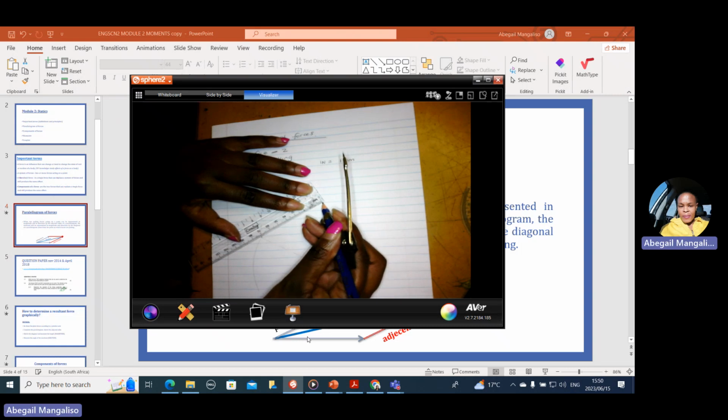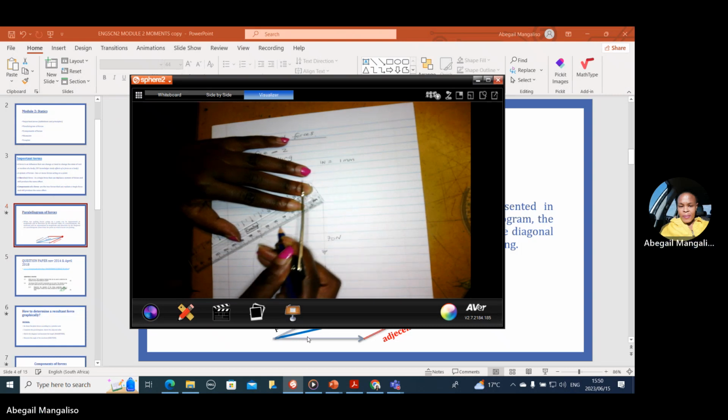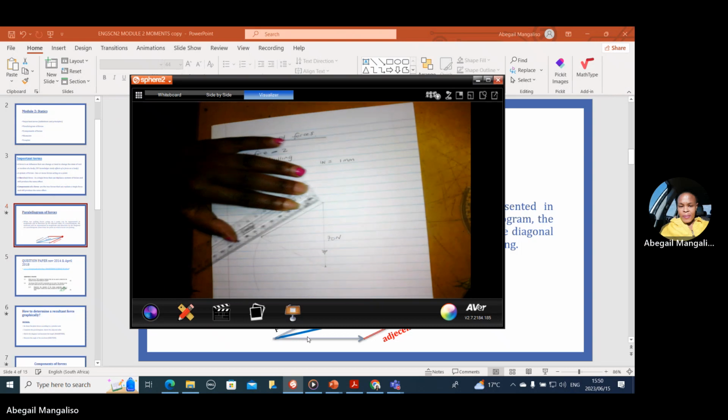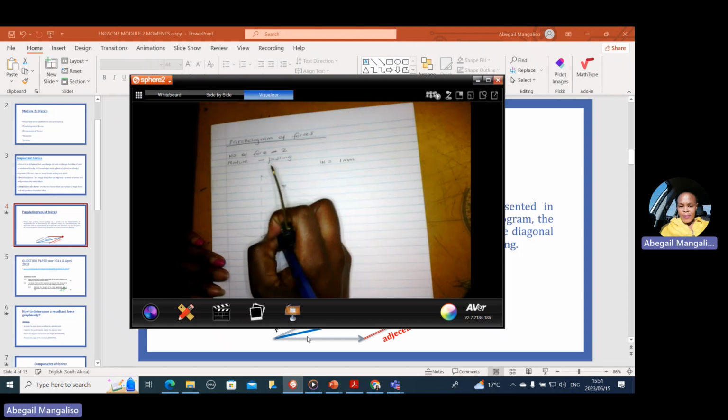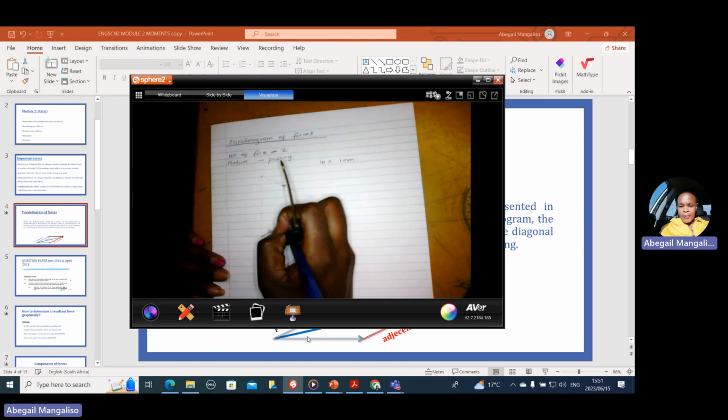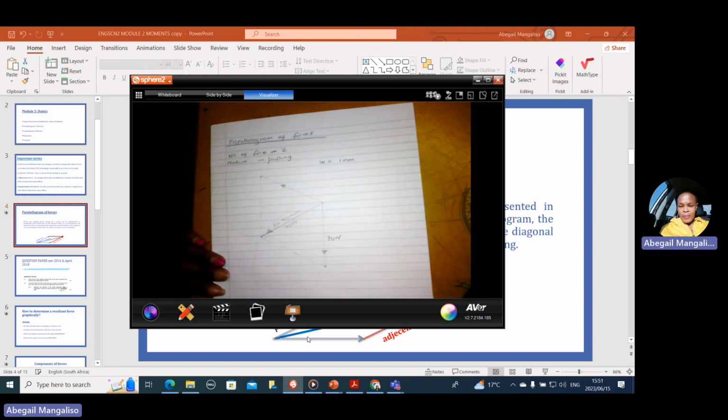Then I'll sketch a diagonal. The direction of the resultant is this way. So the resultant, this diagonal, is equal to 70 millimeters, which is equal to 70 newtons because the scale is 1 to 1.